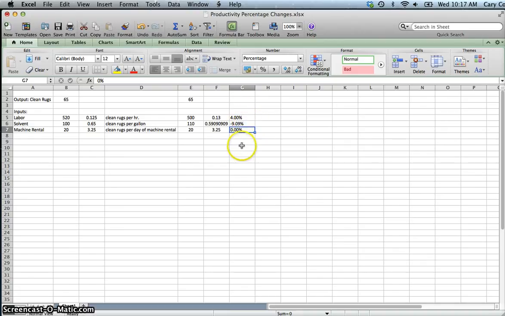Now you could sum these up and give you an overall. It looks like overall we probably went down about 5% in productivity. We could also do this from a multi-factor standpoint, as we showed you in the second video. If you can convert all these into dollars and then combine the inputs, so you would take the dollar amount of all the inputs and divide it by the outputs.